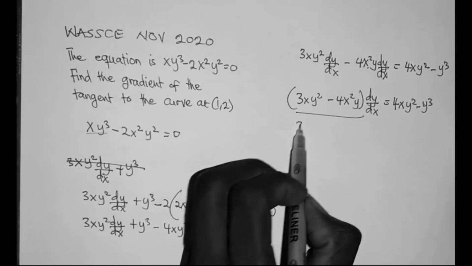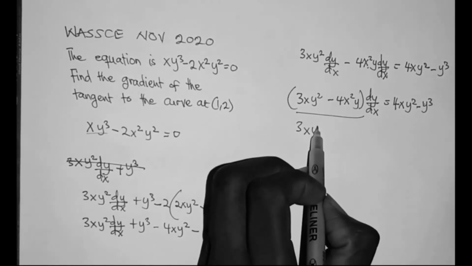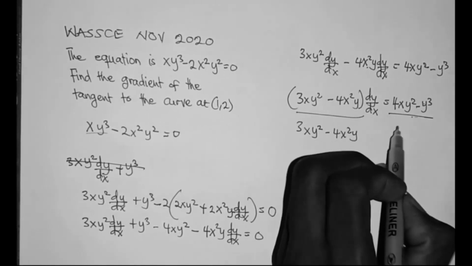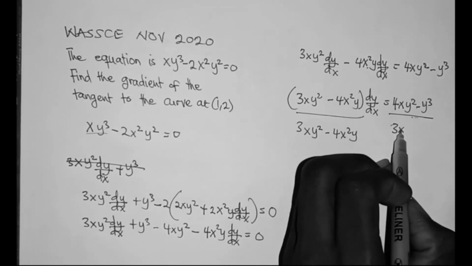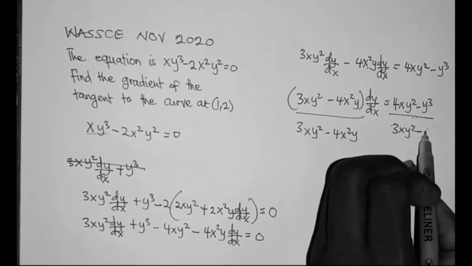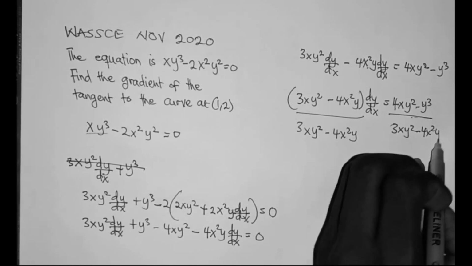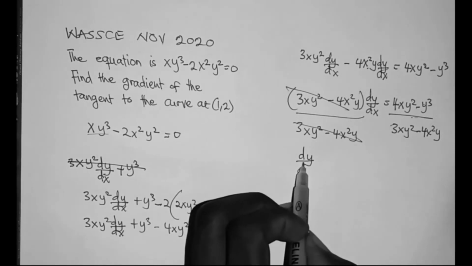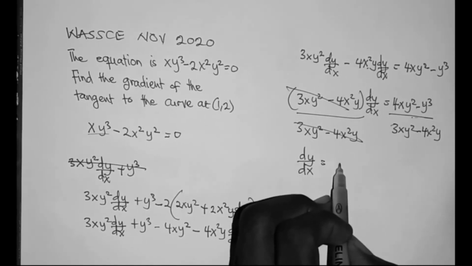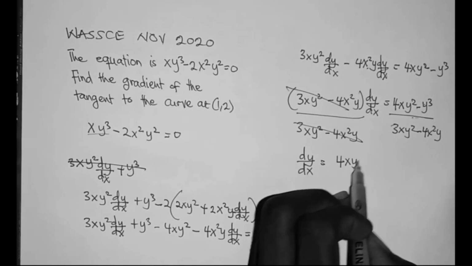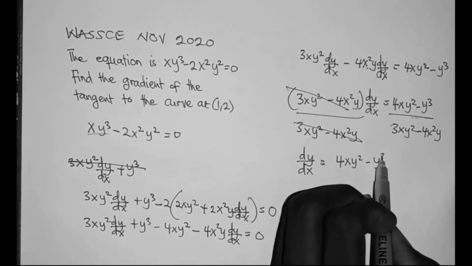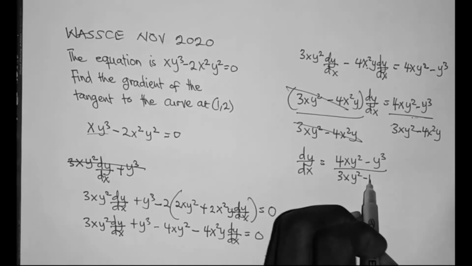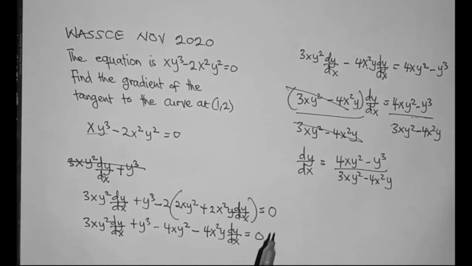So we can go ahead and divide both sides by 3xy^2 minus 4x^2y. So this and this cancel out, so that dy/dx in this case is equal to (4xy^2 minus y^3) divided by (3xy^2 minus 4x^2y).